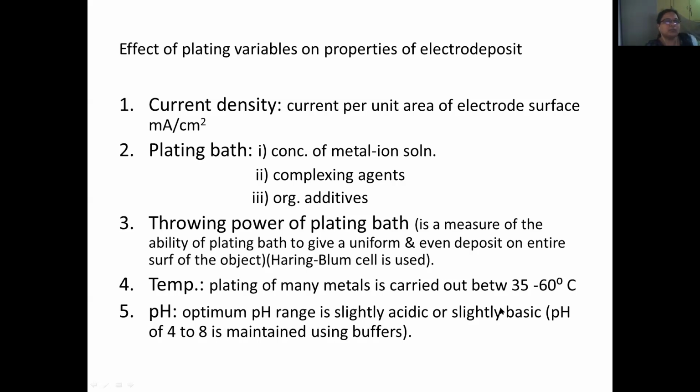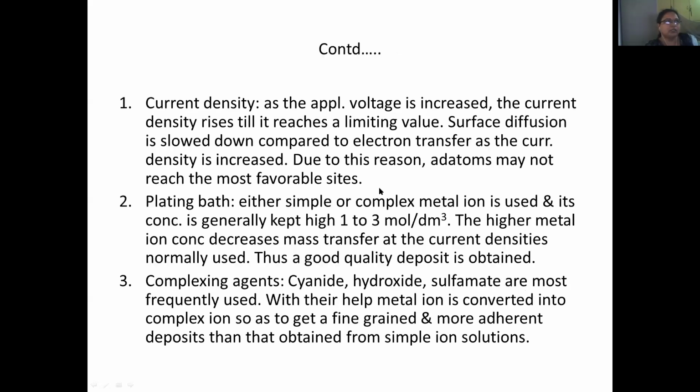Temperature is maintained at 35 to 60 degrees centigrade. Then the optimum pH range, slightly acidic or slightly basic, that is 4 to 8, is maintained using buffers. All these are the factors which influence the electroplating method.